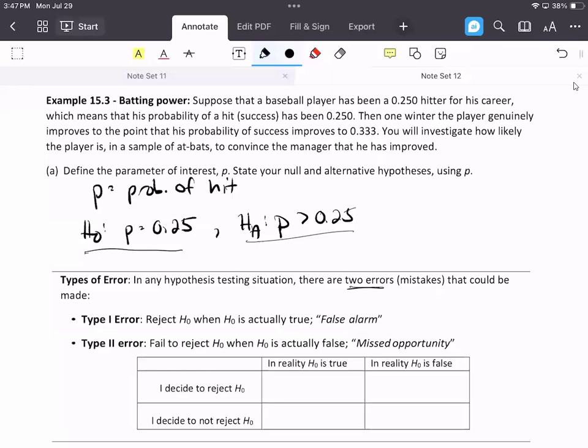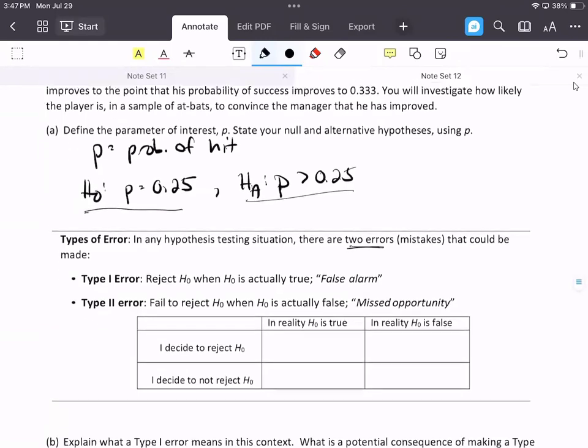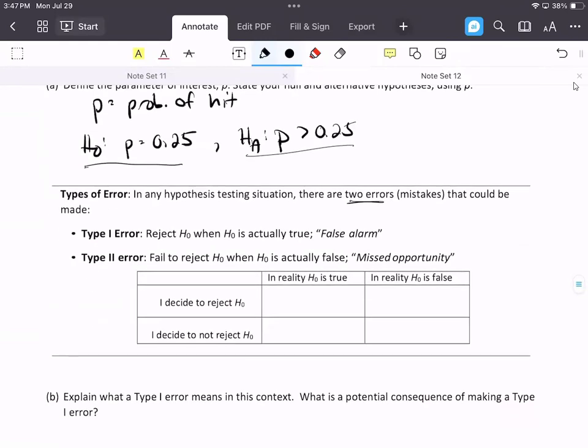Type 2 is you fail to reject the null, H naught, when the null is actually false. That's a missed opportunity.